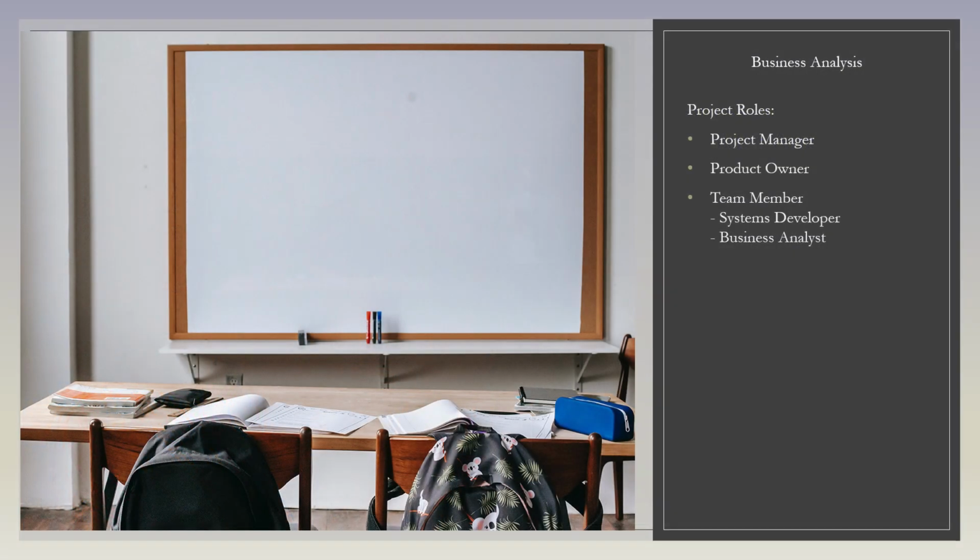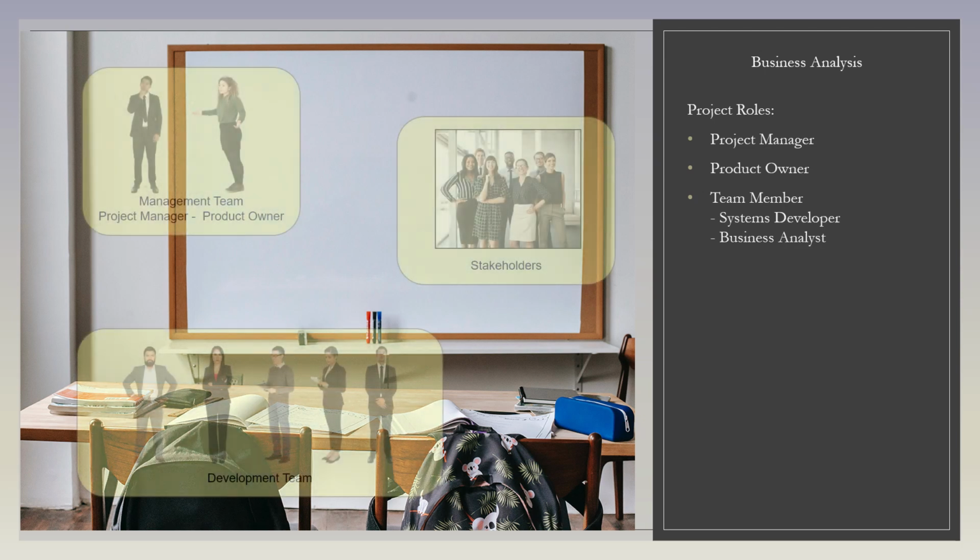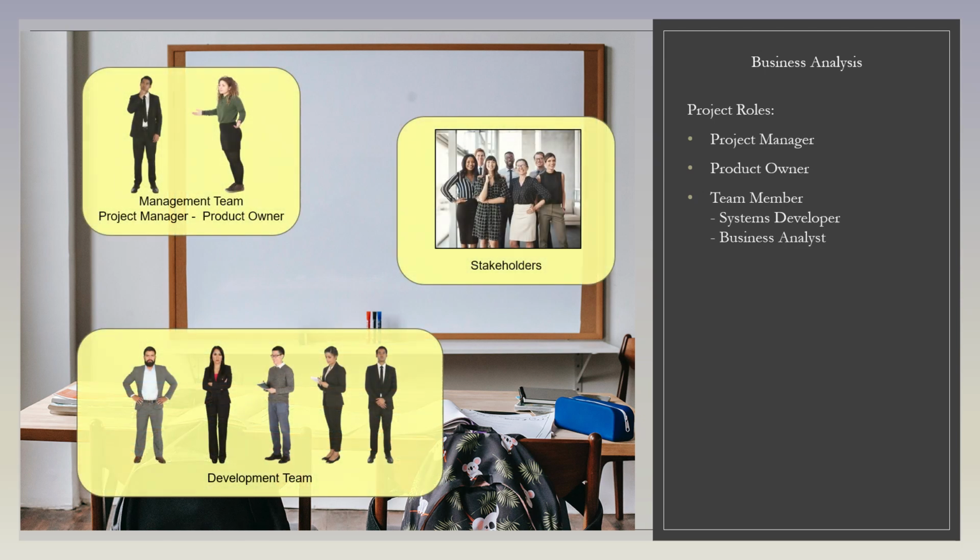The way most projects are organised is to have a management team and a development team or project team. And both of these will work with the business stakeholders and external stakeholders to deliver a successful outcome.